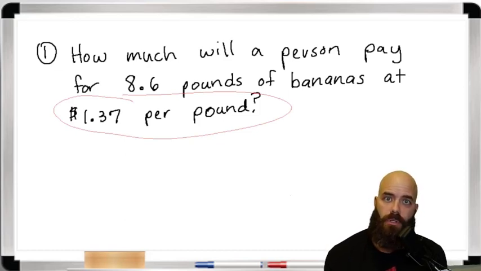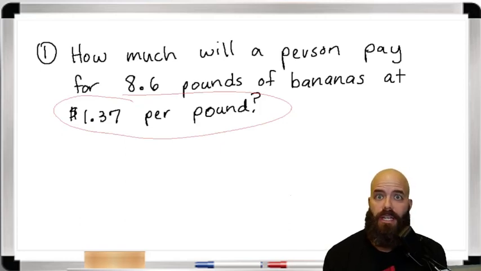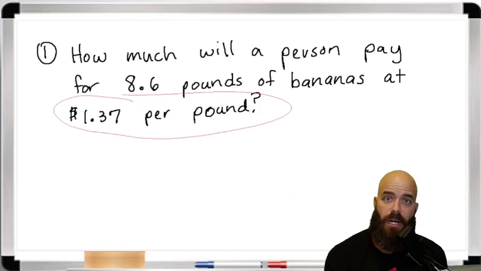Or if you want to look at your speed at a particular moment in time, you look at your speedometer, and that tells you 55 miles per hour. If you were to drive at that constant speed, 55 miles per hour, in exactly 1 hour, you will have traveled 55 miles, right? So per means to divide.